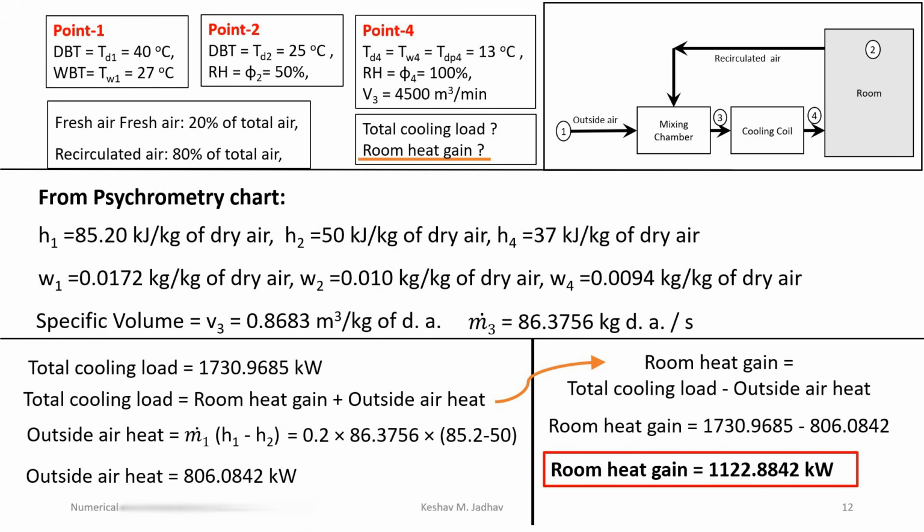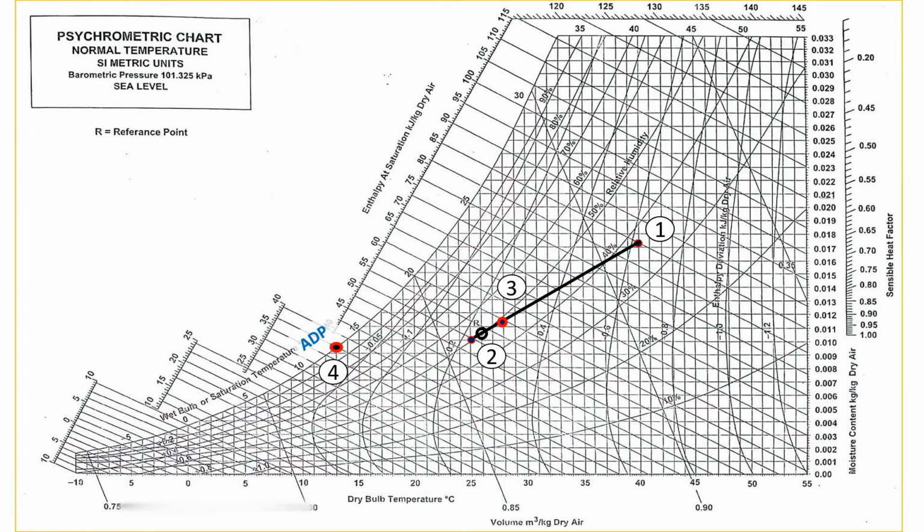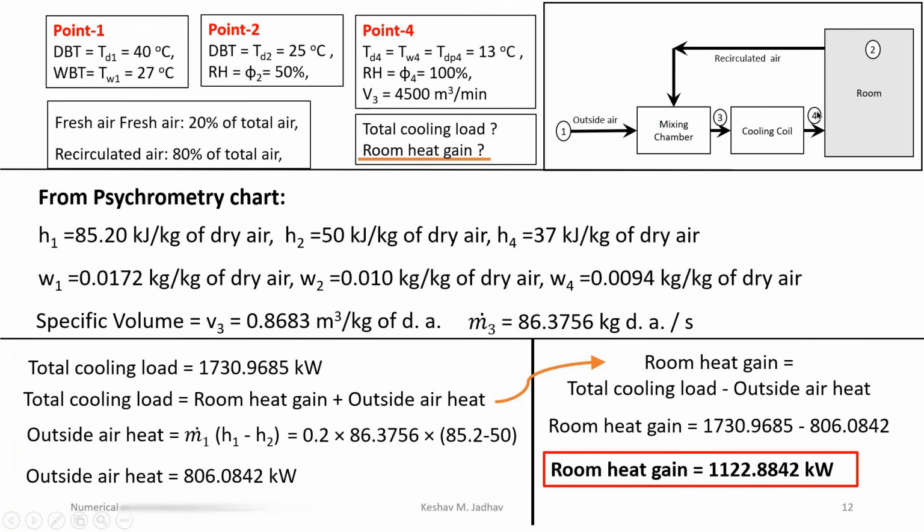So in this problem, we have to calculate up to this only. Now suppose we have to calculate room sensible heat factor line, then we can connect this room condition with the apparatus dew point temperature. So here at point 4, that is condition of air after passing over the cooling coil, it is saturated air.